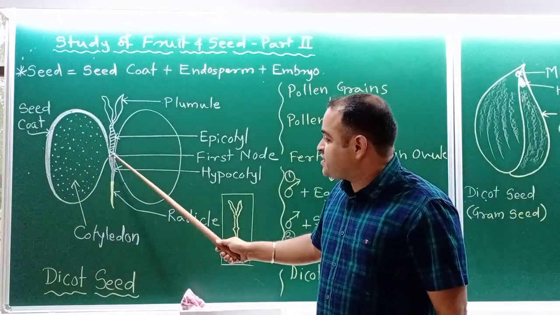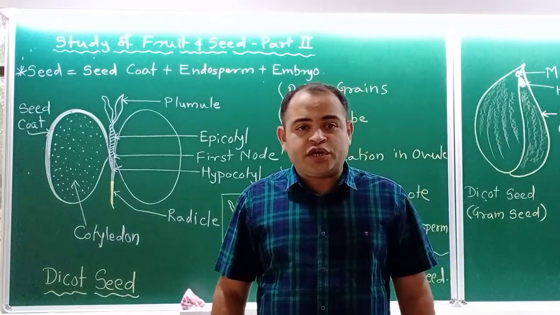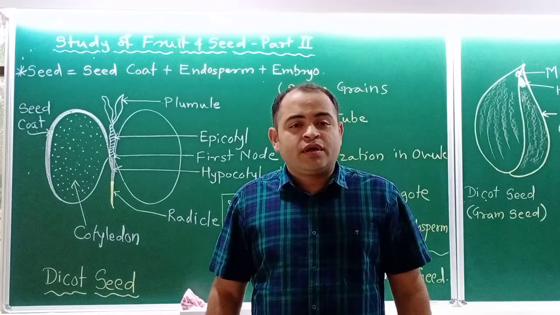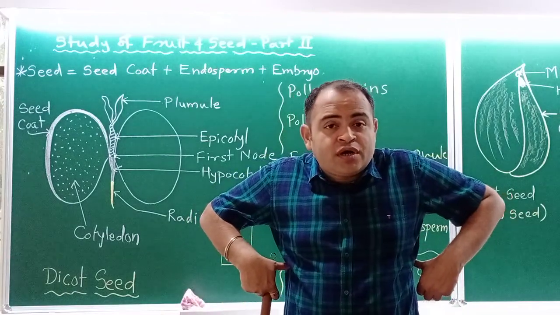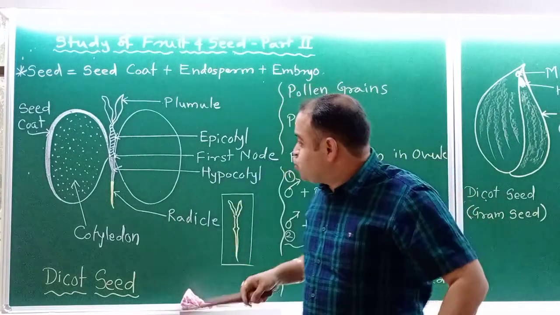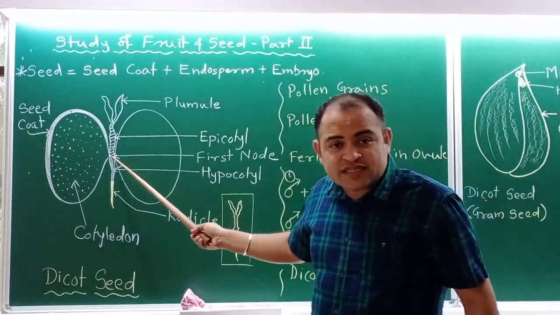There are certain points at which the cotyledons attach. The point at which the cotyledons attach is called the first node.